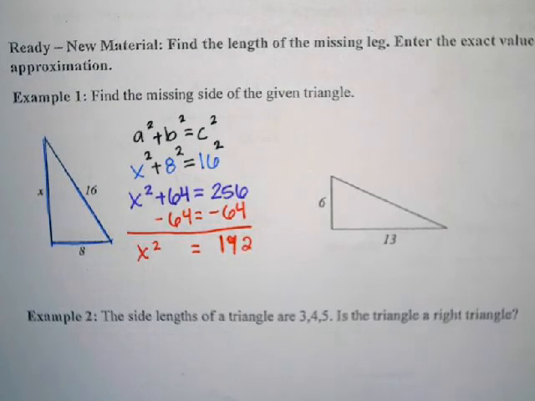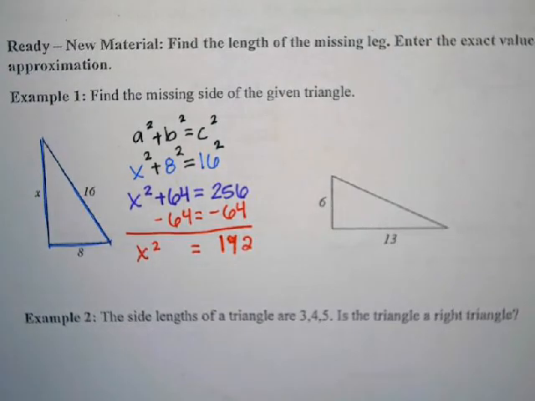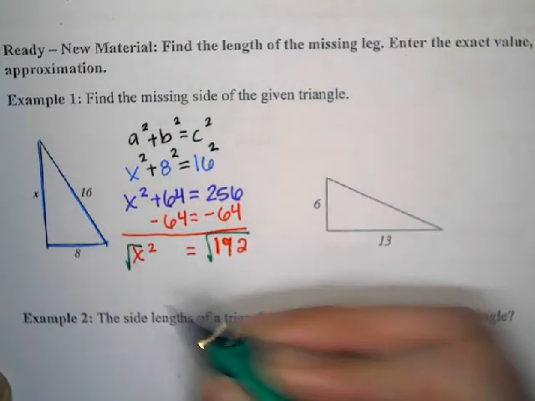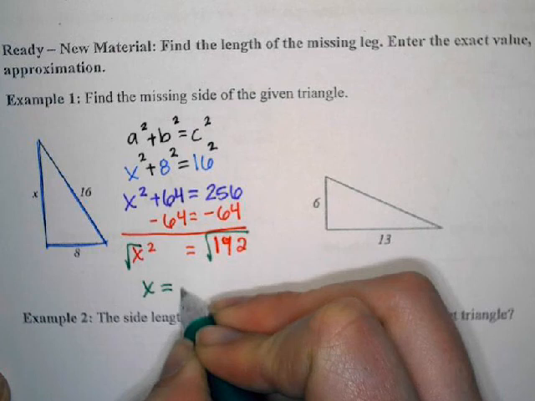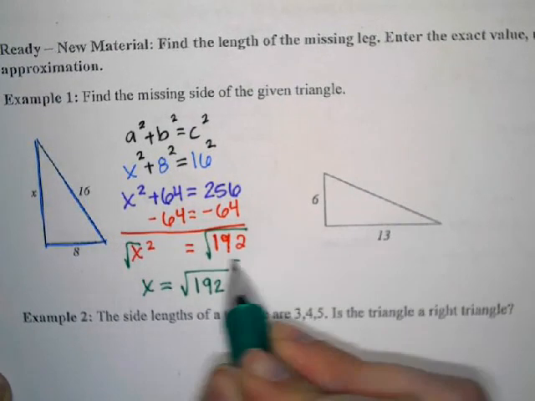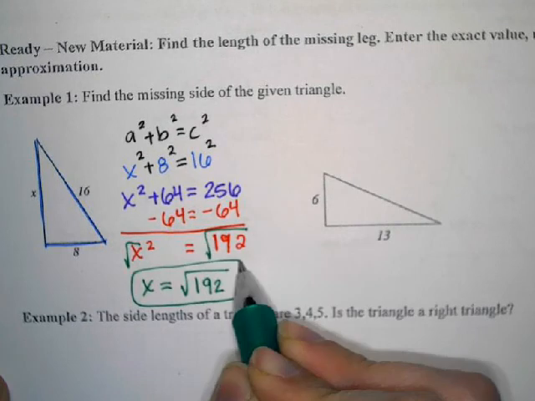That makes 192. Then to get rid of the power, we square root it. That will give us a decimal. So rather than typing in the decimal, I'm just going to enter it as the square root of 192.